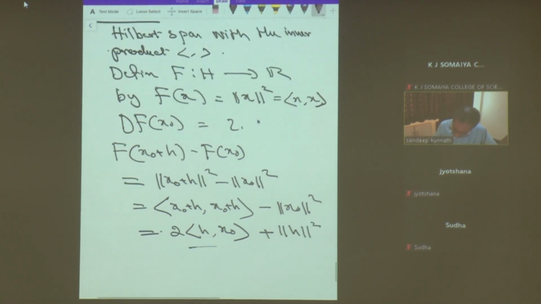Again, you can see that this is going to be linear in h. So I will define L of h equal to 2 times the inner product of h with x naught.